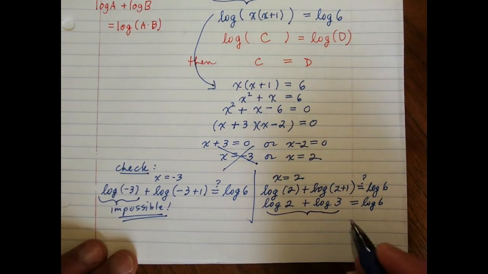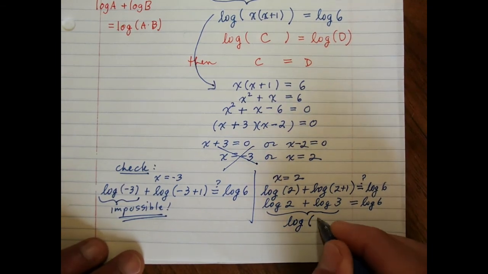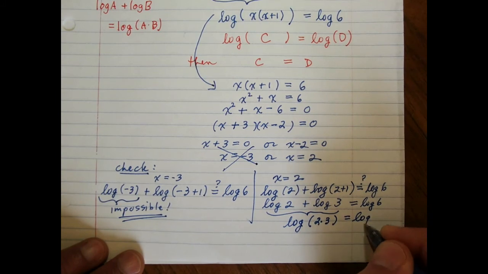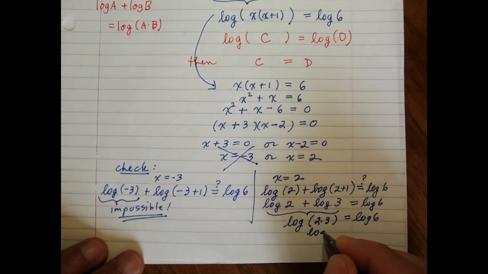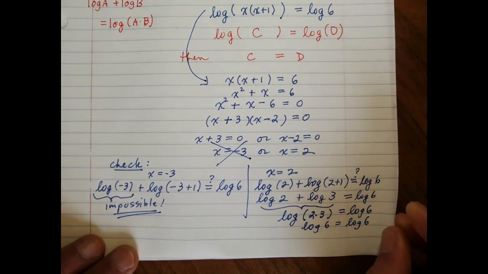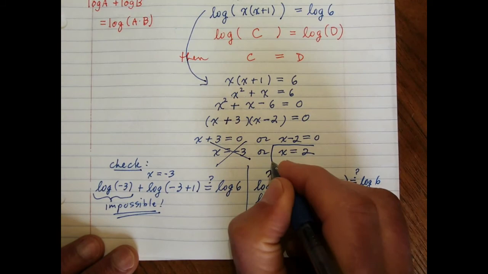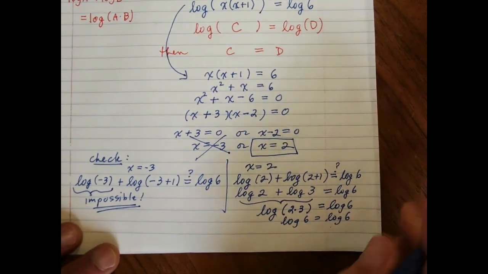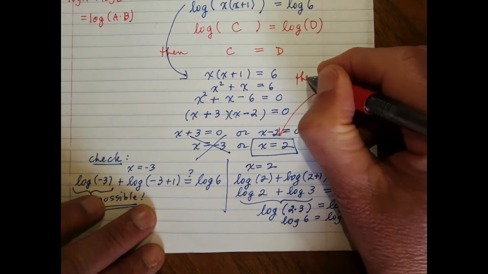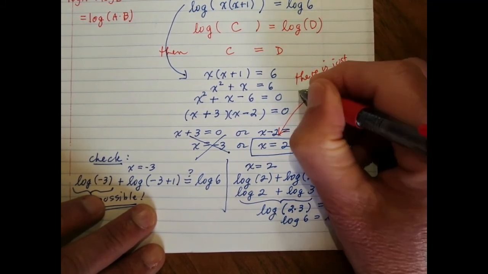And log 2 plus log 3 has to be equal to log of 2 times 3. And so log of 6 equals log of 6. This one checks out. So 2 does check out. We did get just one solution to this equation. There's just one solution, but at least we got one.